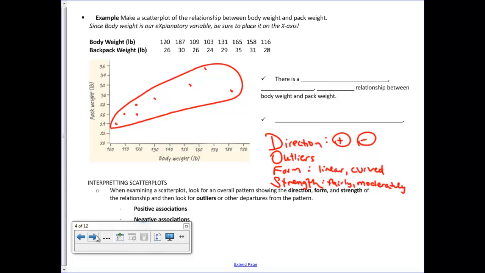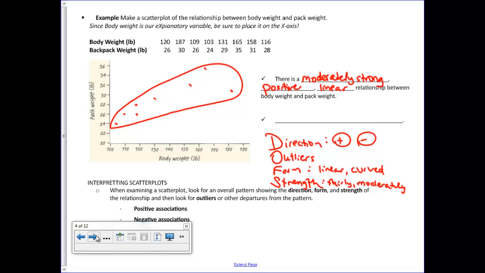So when I look at this, here's what I would say. I'm going to talk about the strength first, just because that's what goes in my blank. There's a moderately strong, positive, linear relationship between body weight and pack weight.